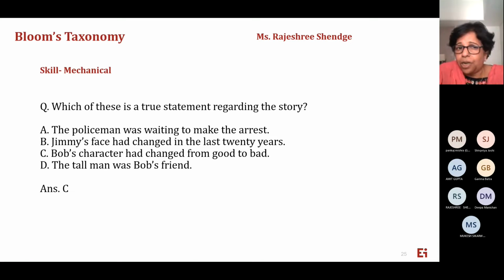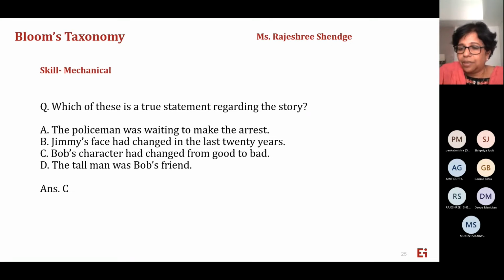Suppose all four statements were recall kind, already there, and the student only has to recall each statement and say true, false, true, false. Then it is a recall level, mechanical level question. But here, because two of the options go to the understanding level, we cannot call it a mechanical question. Is that clear, sir?